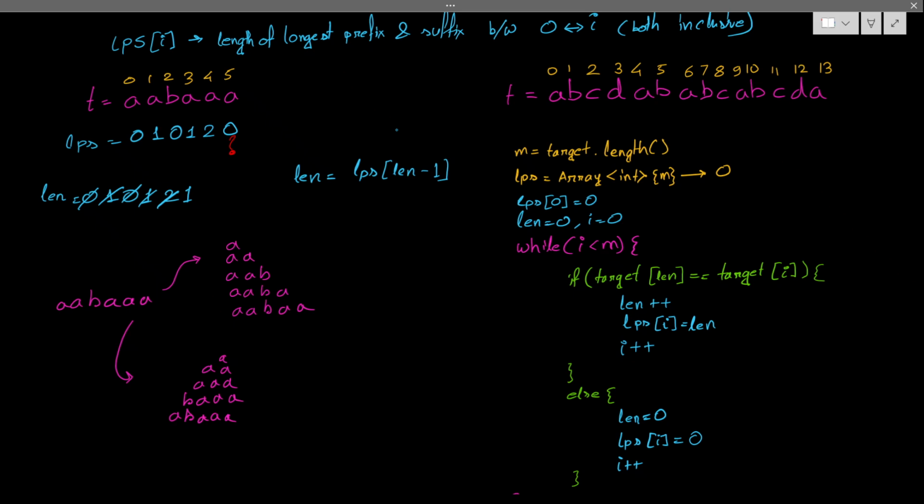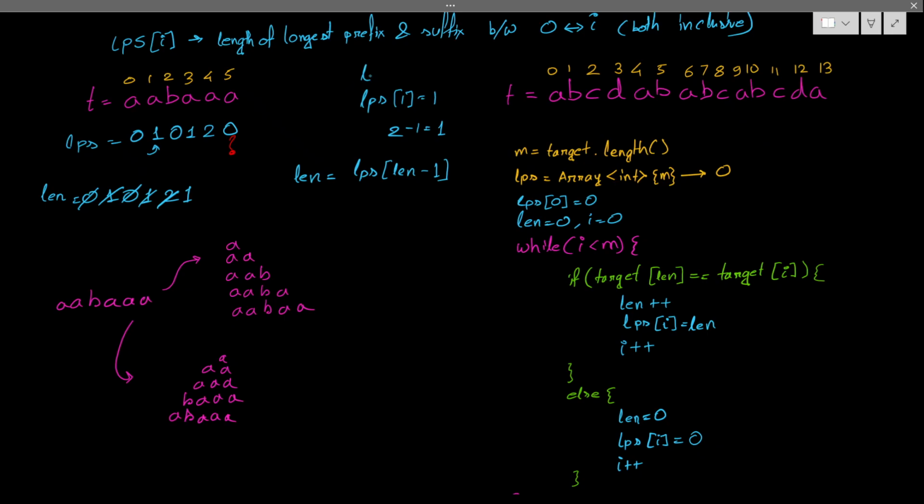Here currently my length was 2 minus 1, nothing but 1. And in that place, what length is mentioned in this index? That length I have to take. That length is nothing but LPS of 1, which is also 1. So then I have to take 1.